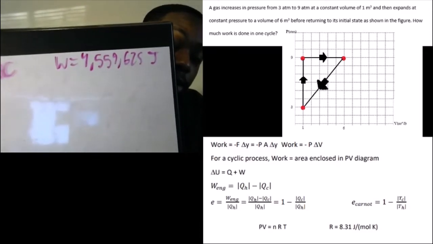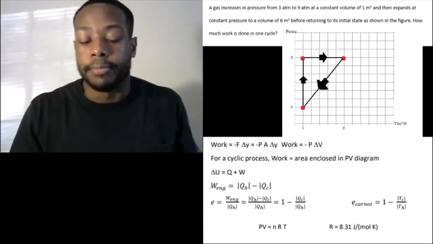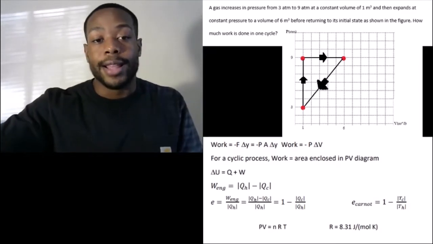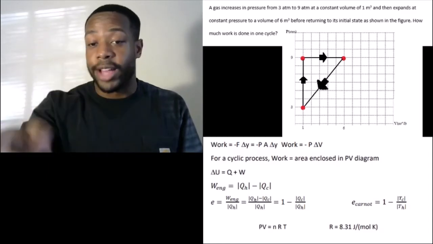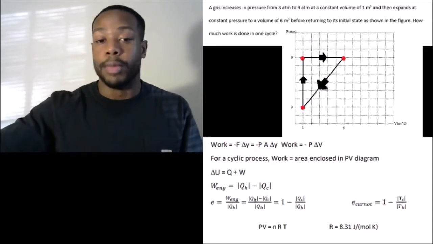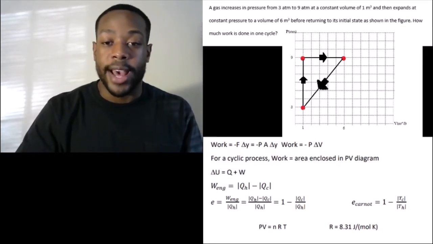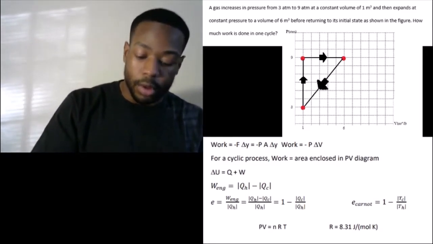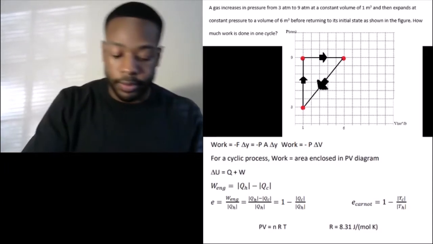So that's what you should be getting for B to C. 6 times 1. Yeah, okay. So we've got the area of the full rectangle, right? Let's get rid of that triangle in the middle next, right? So we're going to subtract the work of that triangle, or the area of that triangle.